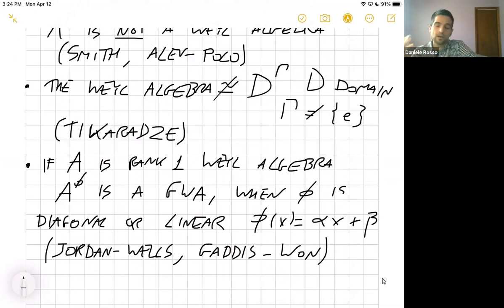So there has been some work done on these rings of invariants of Weyl algebras. And our idea was to try to extend some of these results to the more general family of twisted generalized Weyl algebras.